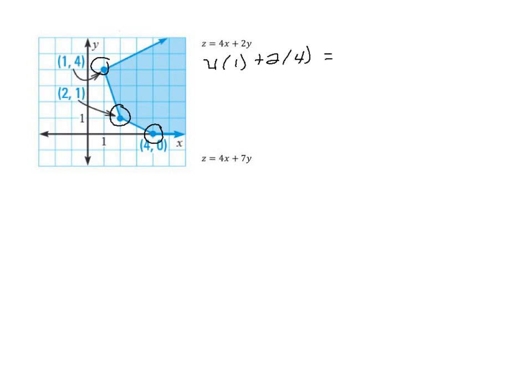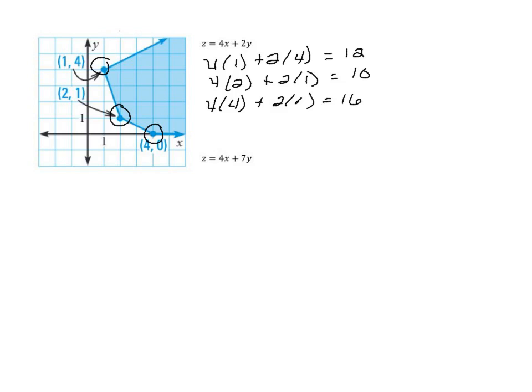That's 4 plus 8, 12. We'll move on to the point 2, 1, so 4 times 2 plus 2 times 1. 8 plus 2 is 10. And we have the point 4, 0, so 4 times 4 plus 2 times 0, that would be 16.